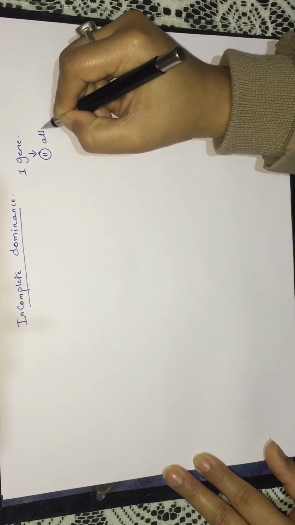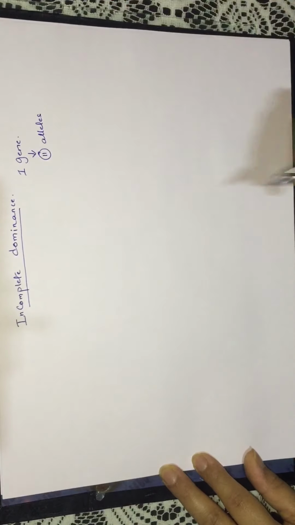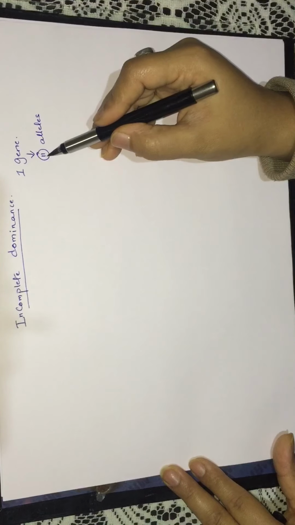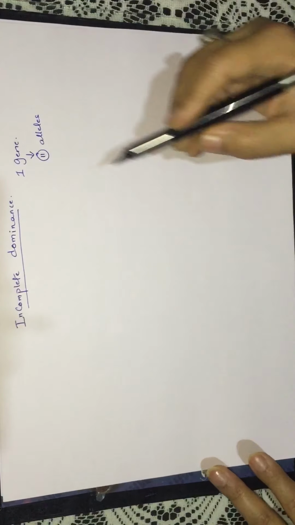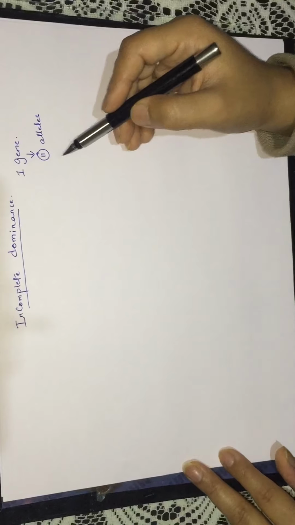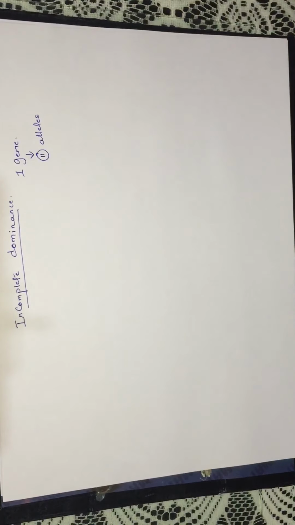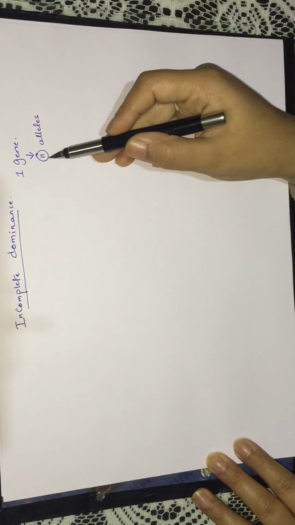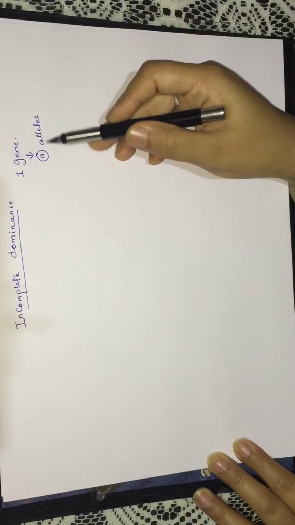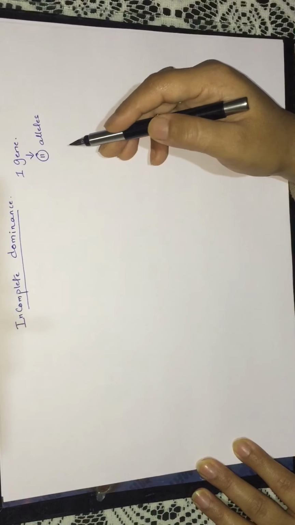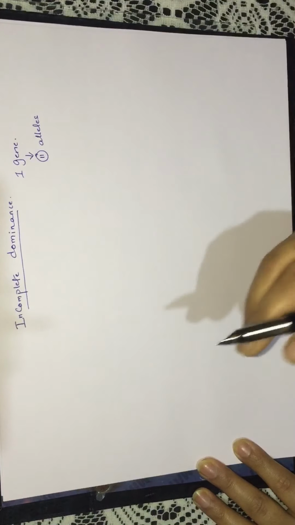If one gene has a pair of alleles, I have already told you that one will be dominant and one will be recessive, but there are certain exceptional cases in which neither of this pair can completely dominate the other one.